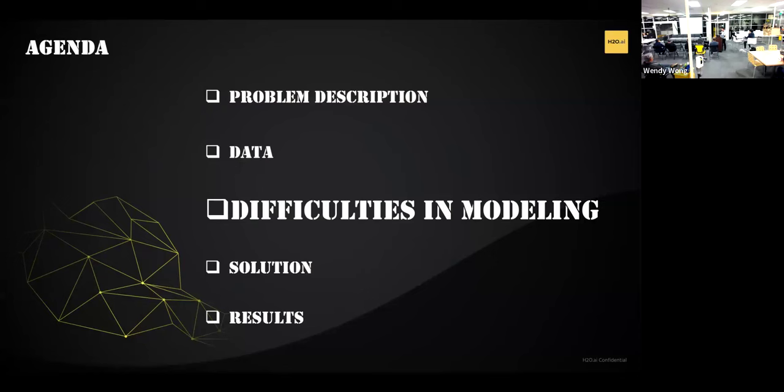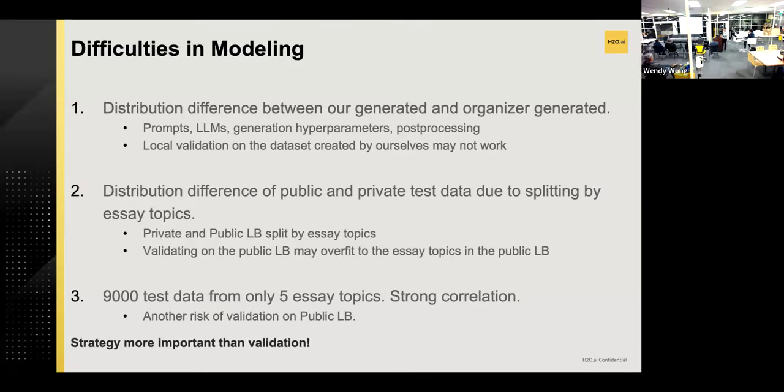Before we dive into the solution, I'm going to first talk about the difficulties in modeling for this competition. The first issue is that since we are to generate positive data by ourselves, when we generate data using LLMs, we need to give a prompt, of course, choose which LLM backbone we are going to use, set generation hyperparameters, and possibly do some post-processing.